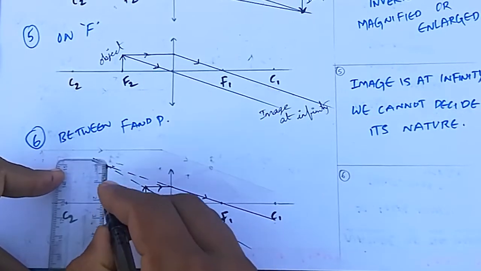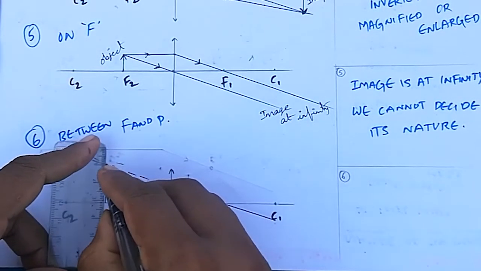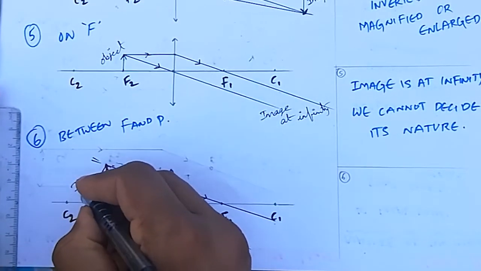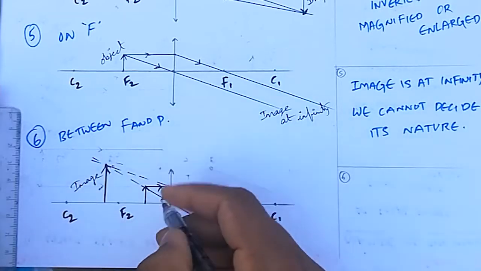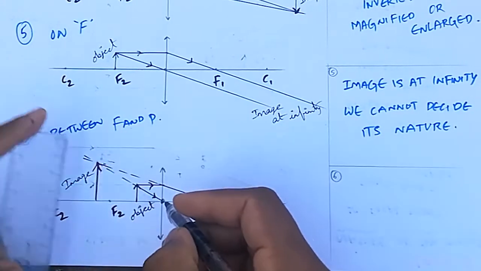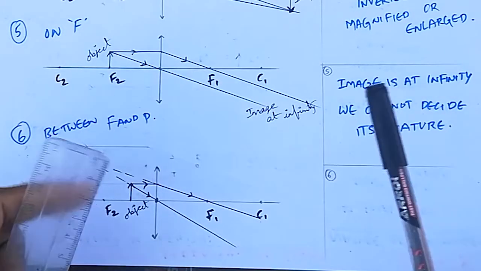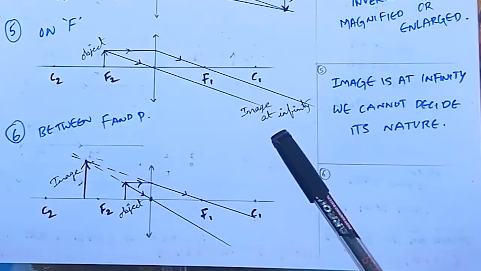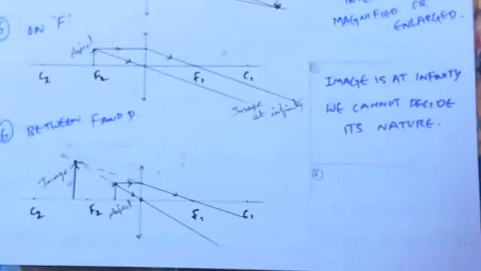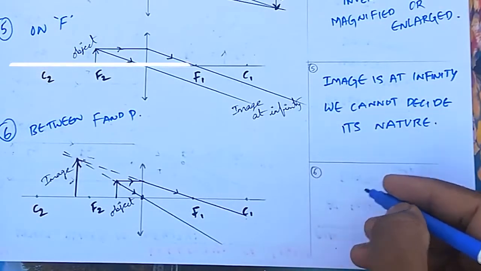So beyond F we got the image. This is the image, this one is the object. You can see the size is enlarged and the image is formed on the same side, so we say this is a virtual image.